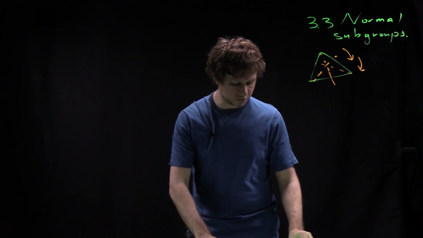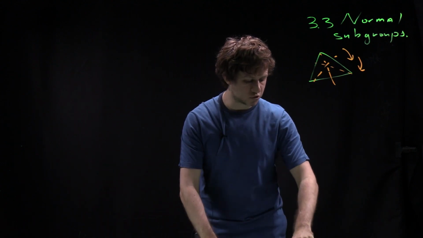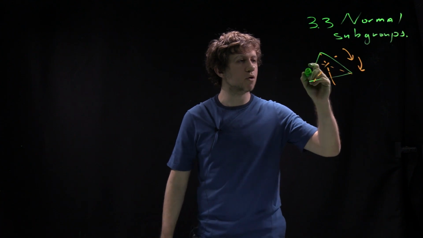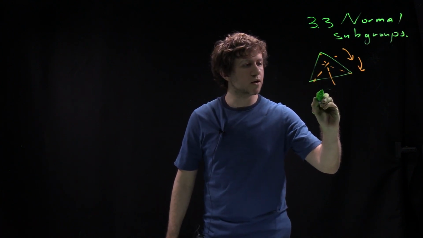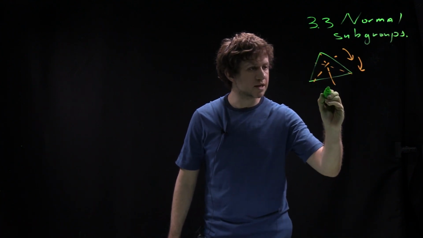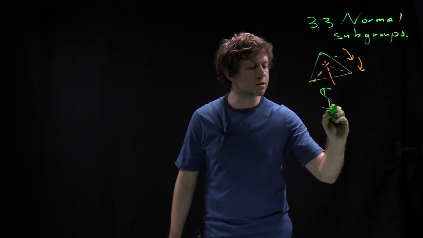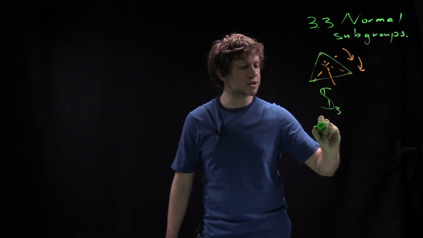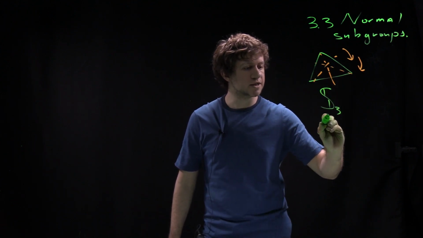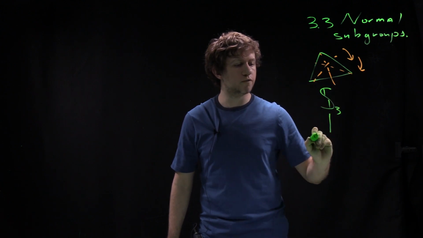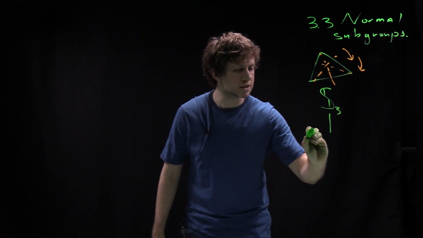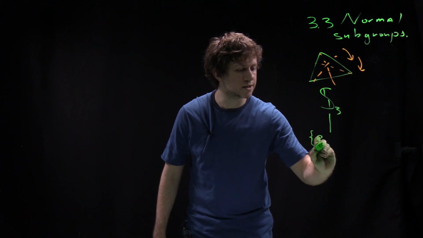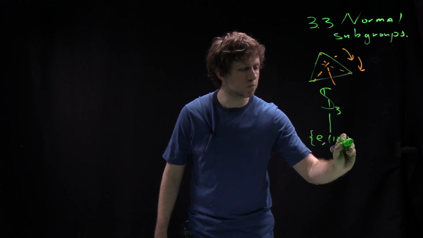So let me try to draw it. For this, I will draw a lattice of subgroups of S3. I'm not going to define what a lattice is right now, we will see that later. If you take S3, it has basically one subgroup of order 3, the subgroup containing the identity, (1 2 3) and (1 3 2).